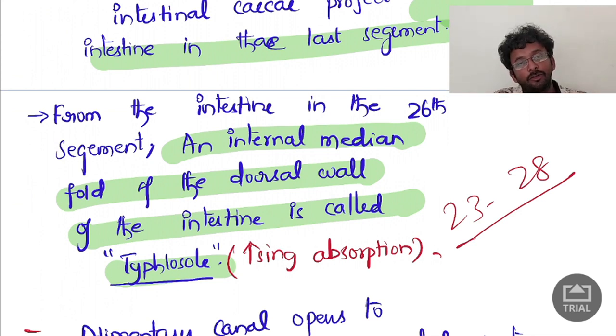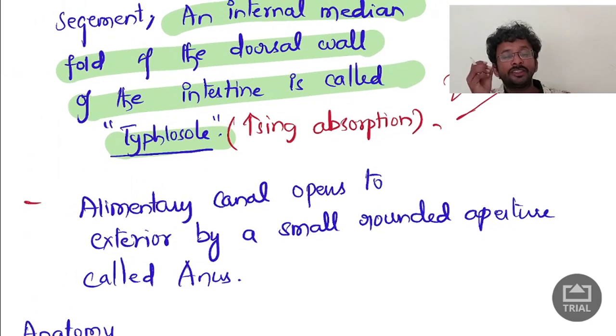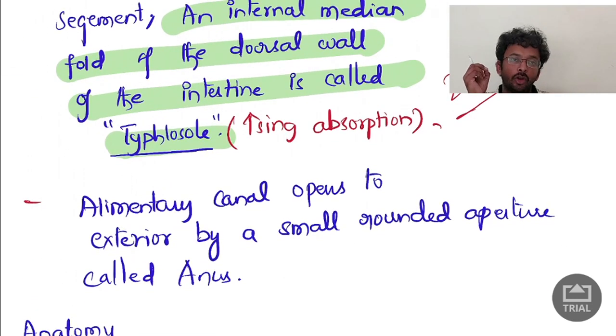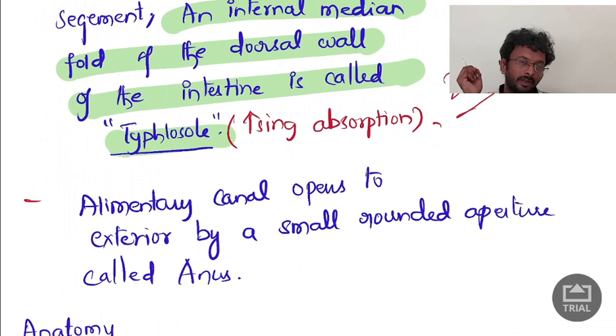This intestinal typhlosole will be present. What is the function of this typhlosole? It helps in increasing the area of absorption. And at the last, it ends with the anus, which helps in excretion.